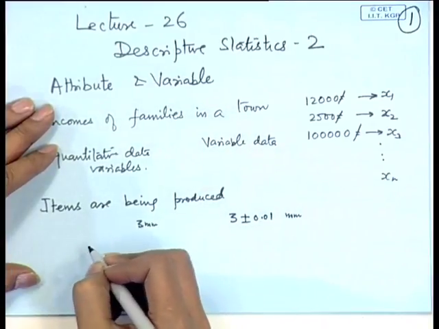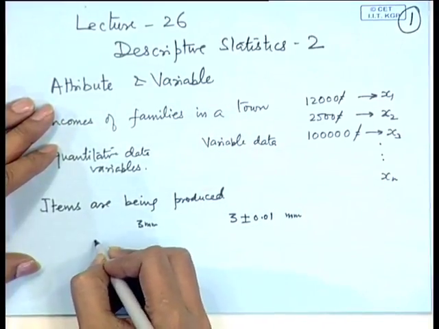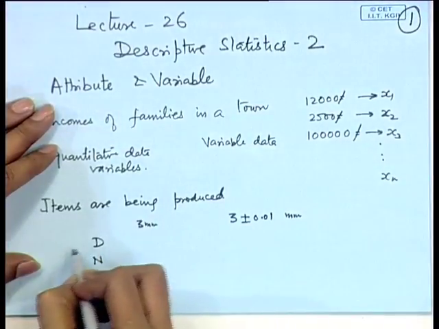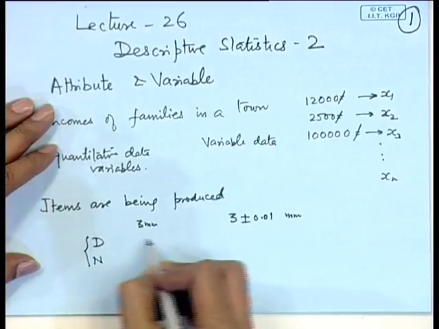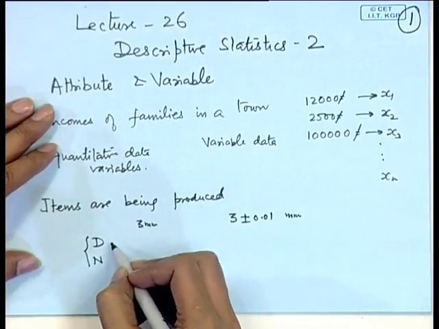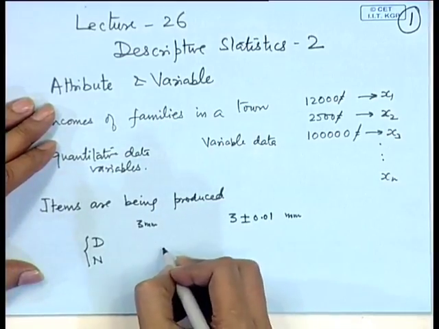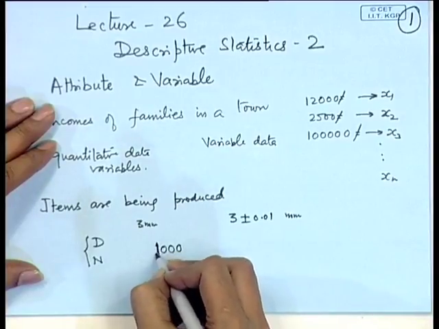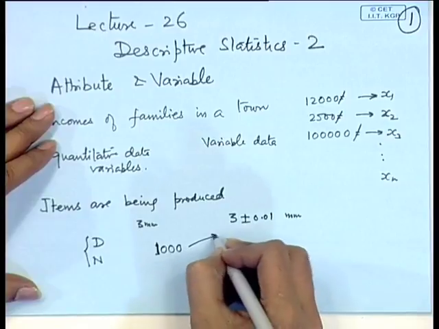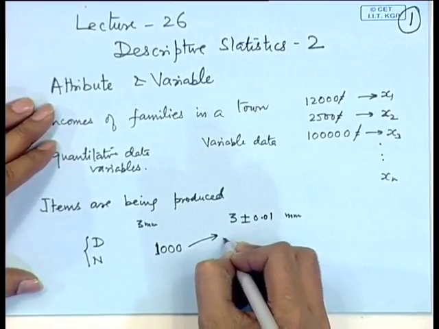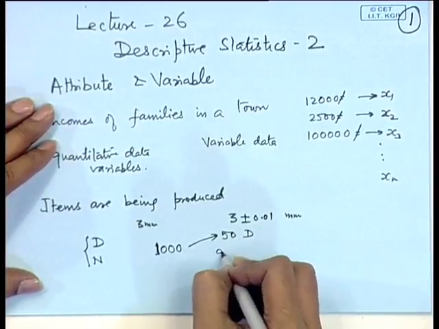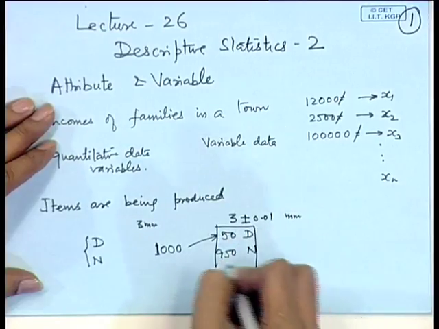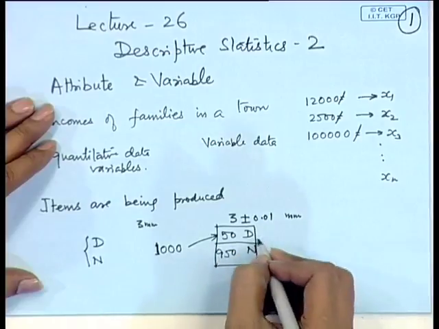However, the inspector reports an item to be defective or non-defective. So, corresponding to each item the value recorded is either D or N. Now, if we record for 1000 bolts D or N's, then out of this maybe 50 are defective and 950 are non-defective. So, at a second stage the data becomes quantitative.